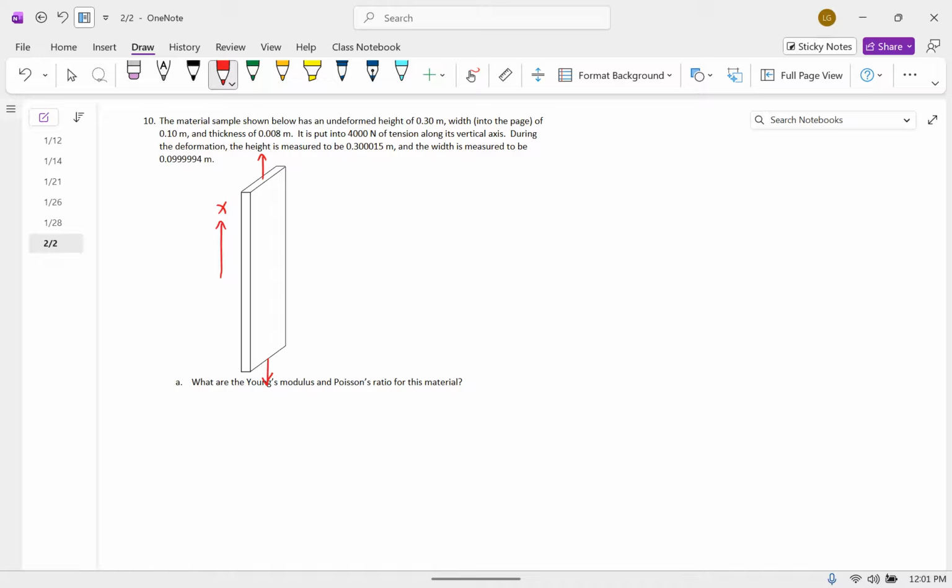This is being put into 4,000 newtons of tension. Okay, so we'll first calculate the Young's modulus.